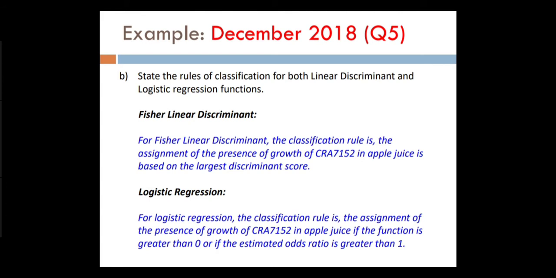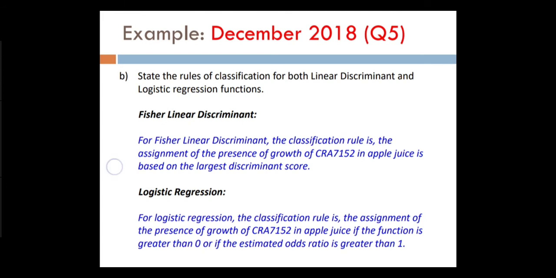We look at which linear discriminant has the largest score, the more large one, so we can classify the newcomers to that group. Look at the highest score value.